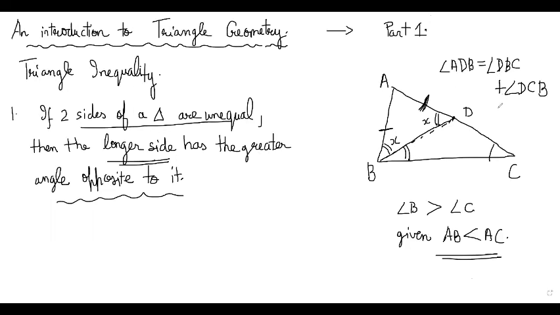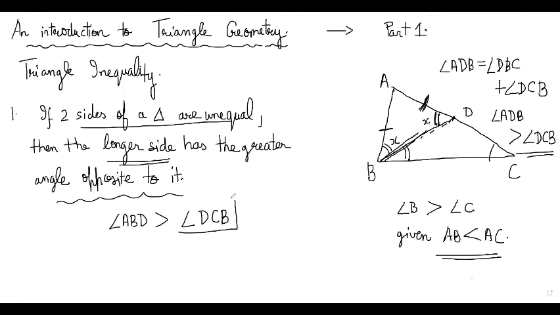Now, once you know this, you can say that angle ADB is clearly greater than angle DCB. And angle ADB is equal to angle ABD. So you have proved angle ABD is greater than angle DCB, and DCB is basically angle C, right?